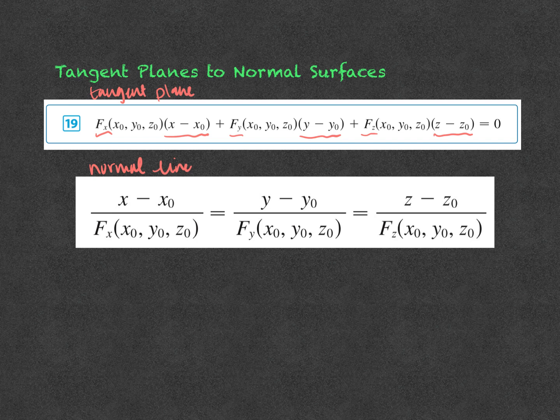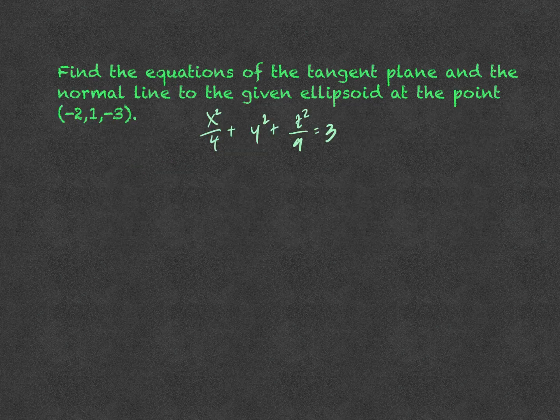But I don't know that we need to do a bunch of these. So let's do one. We're going to find the equation of the tangent plane and the normal line to the ellipsoid in green at the point also in green, a different color green if it matters.